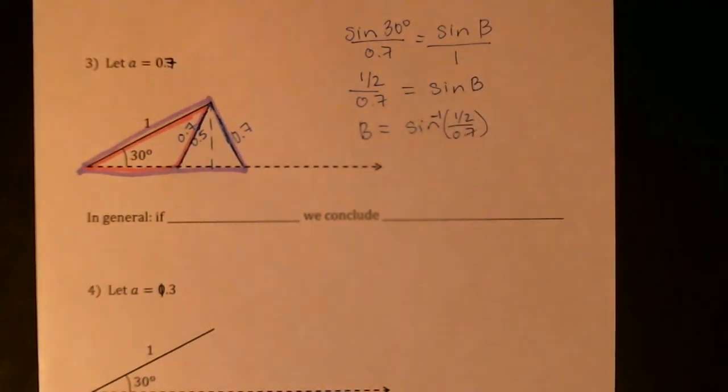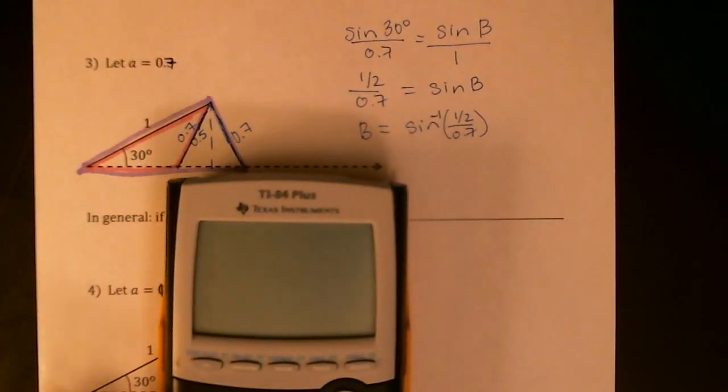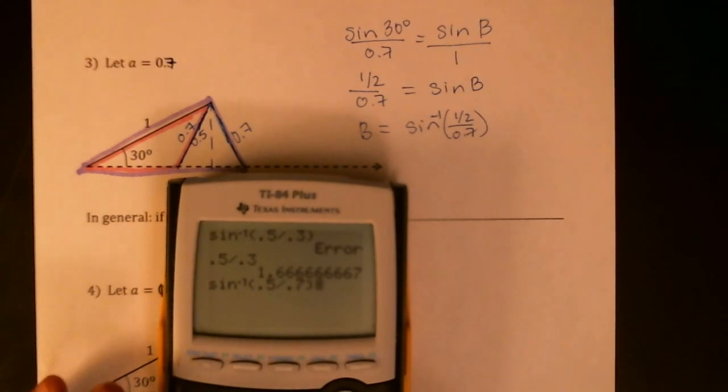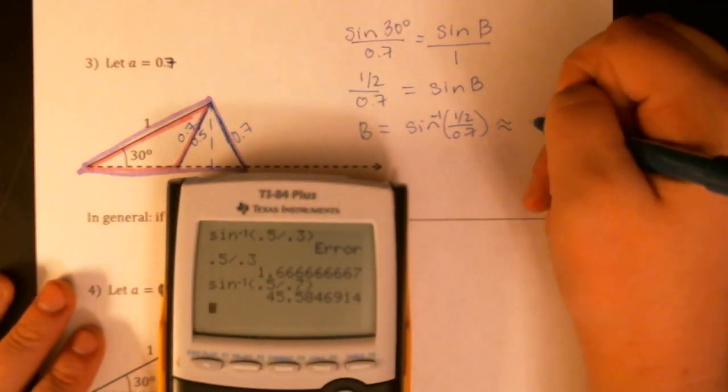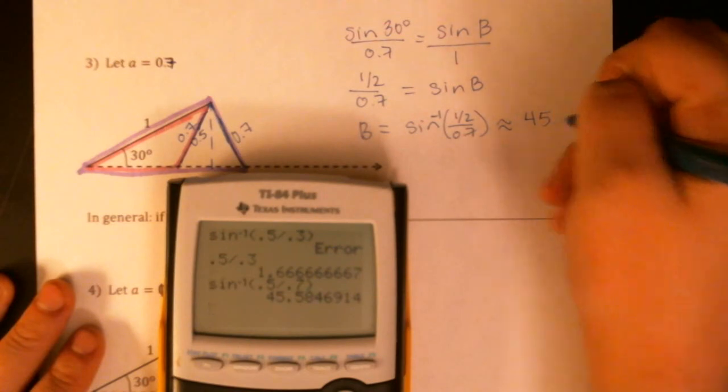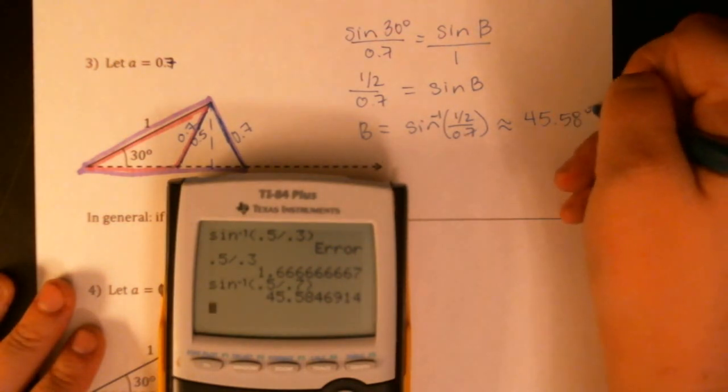If I take the inverse sine of 0.5 over 0.7, I get roughly 45.58 degrees.